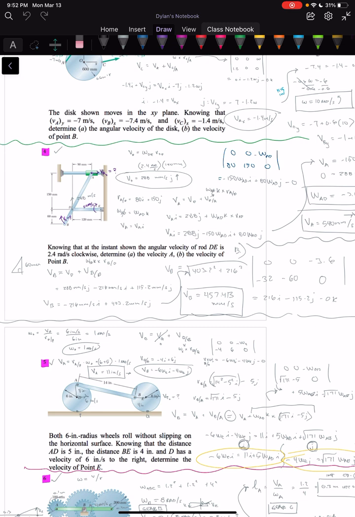But basically we want to do everything in relation to D because we have the most information about D. So we first are trying to find the velocity of A with relation to D. So you can see the formula there. I take the cross product, plug everything in.